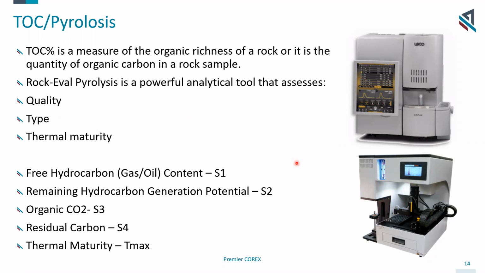So Rock-Eval pyrolysis, using these types of instruments, is used to identify the quality of the organic material present, what type it is, its thermal maturity, and then further analysis will give us an idea of the various hydrocarbon markers, S1, 2, 3, the residual carbon S4, and again the thermal maturity.